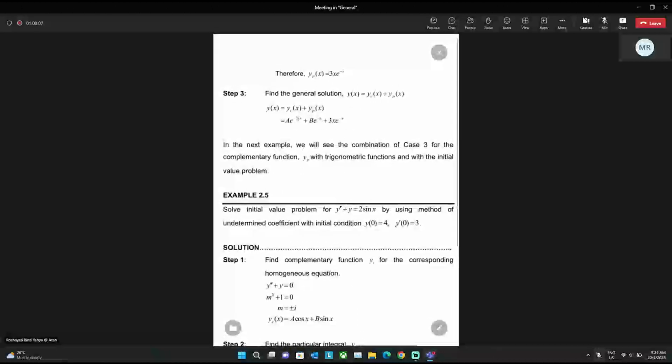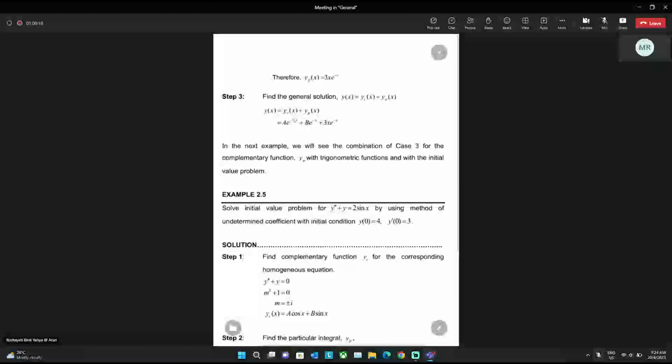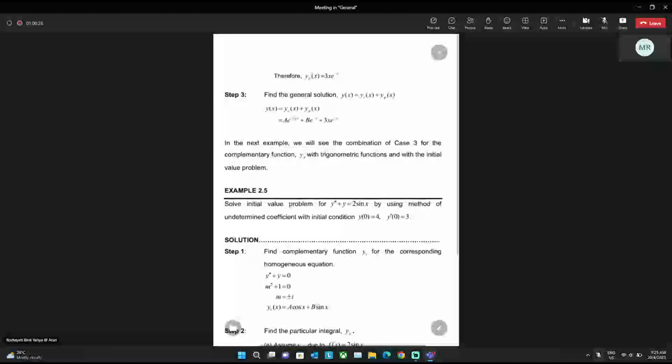Okay, example 2.5. You boleh try. However, this is a function that you need to revise back your trigonometry. Your trigo. Okay, you may try. So for those yang who have module, so okay, just fine. Yang tak ada module may try lah.